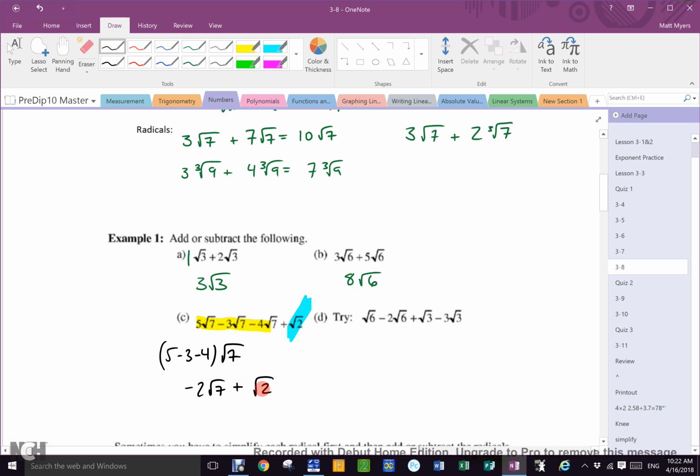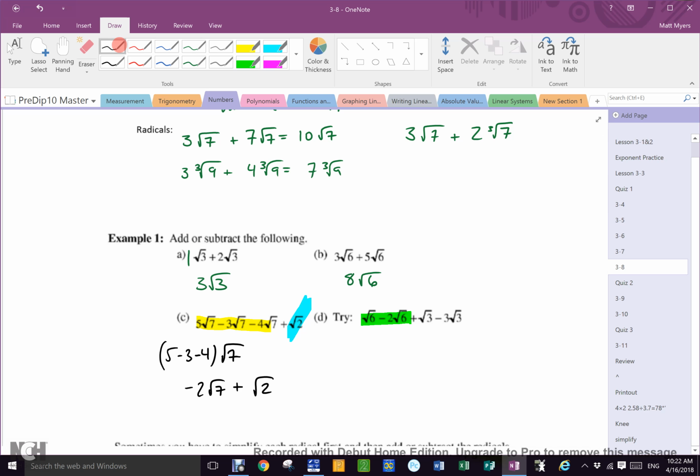Because I cannot put them together, can I? Because root 7 is not root 2, is it? No. So what do I got to do with D?